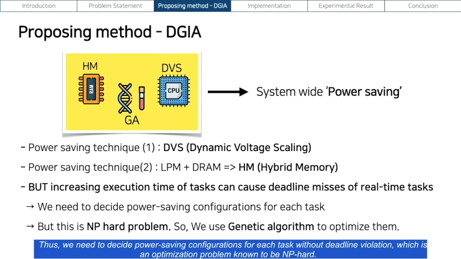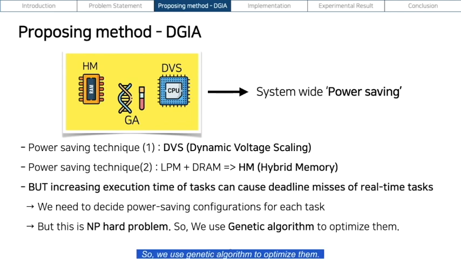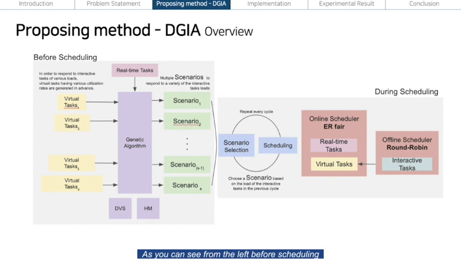Thus, we need to decide power-saving configurations for each task without deadline violation, which is an optimization problem known to be NP-hard. So we use a genetic algorithm to optimize them. As you can see from the left, before scheduling, we first generate several virtual tasks that have different utilizations, and then run the genetic algorithm on virtual tasks and real-time tasks to decide power-saving configurations for each task.